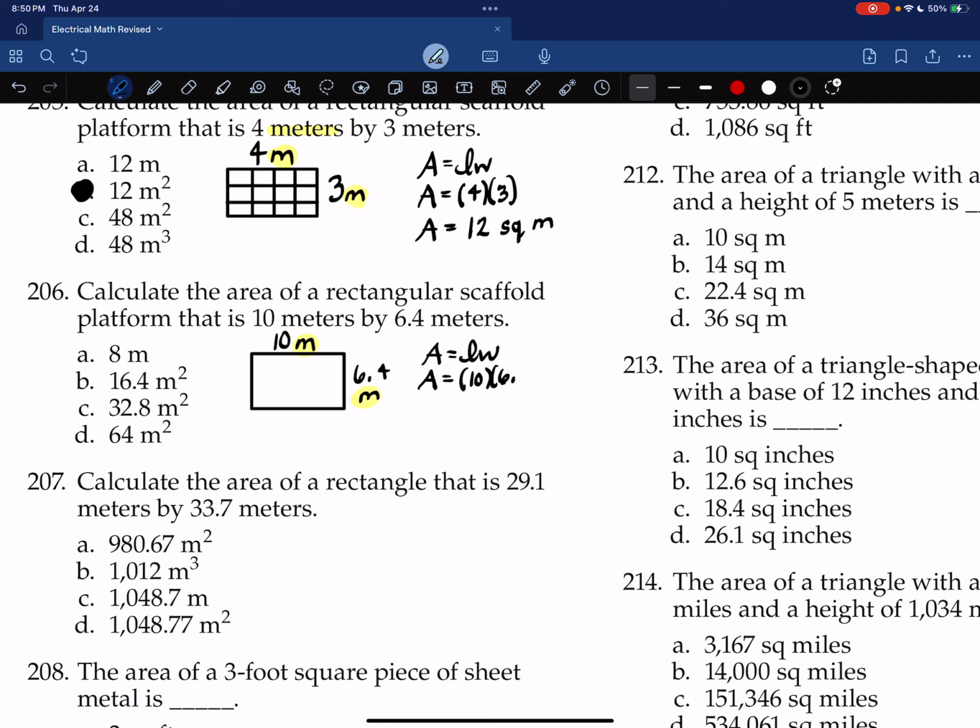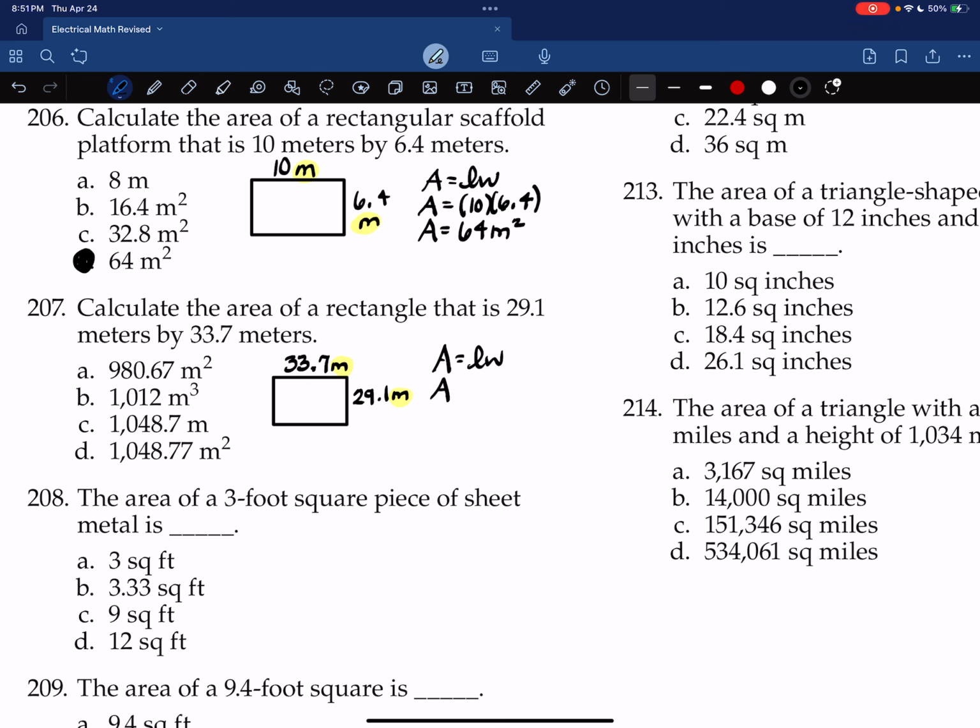Calculate the area of a rectangle. That is 33.7 meters. That's the longer side. 29.1 meters. Always check the unit. And I'm going to need a calculator on this one.